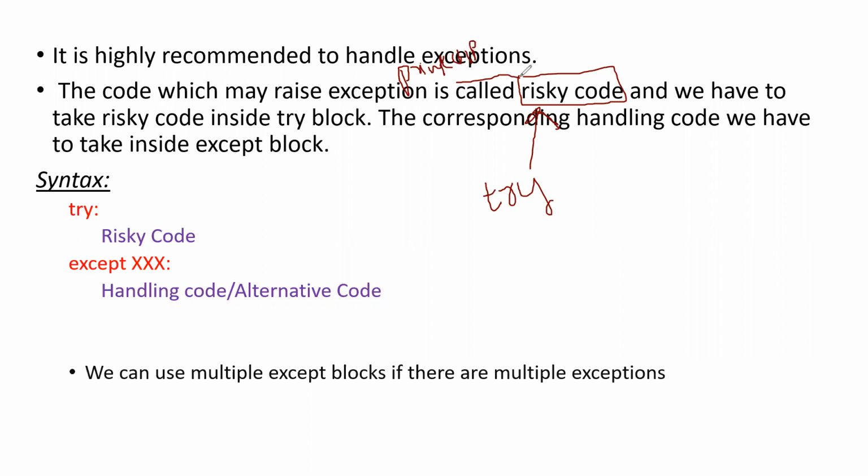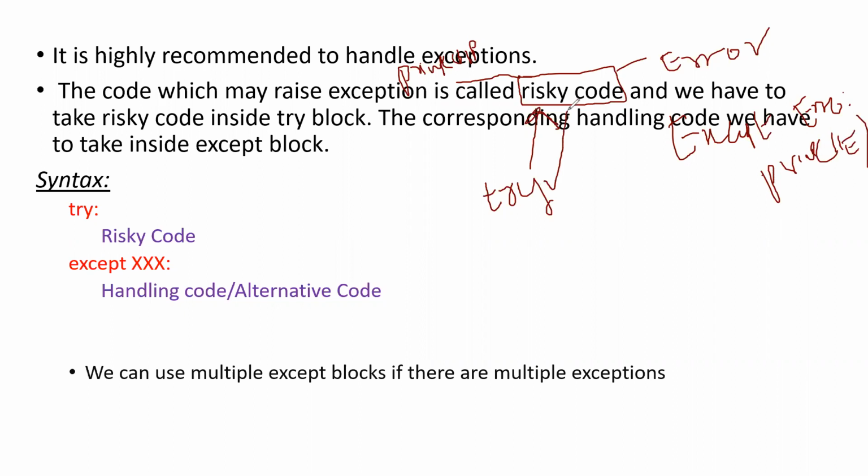If the case is it is throwing an error, then accept that error, whatever the error is, and simply print something else, like an error is raising or enter a valid number. Try this one first, and if it is throwing, then go for that.